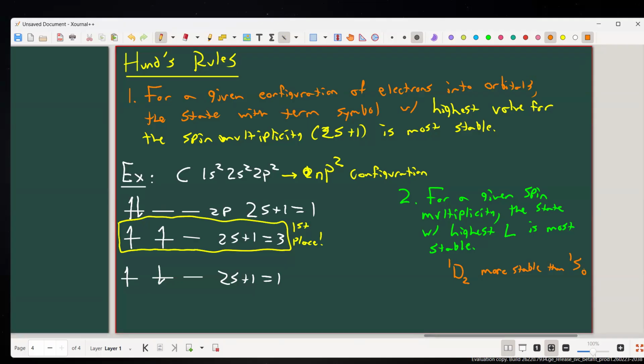So if there's a way to put electrons into a higher angular momentum orbital, they're going to go into that higher angular momentum orbital. It may not seem rational to you why it wants to maximize angular momentum, because we know that the faster the angular momentum is, the higher the energy. But this is contrary to that.